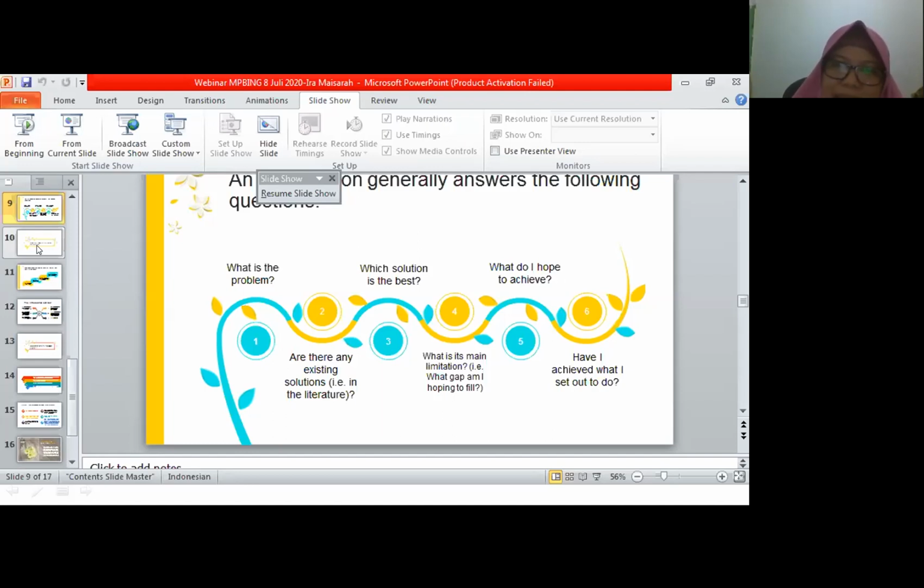So what is the gap? What is the gap between your hope as the researcher and the realities that happen in the field of the research? And then what we hope from our research, and we also have to see what research findings we can predict later on in our research.